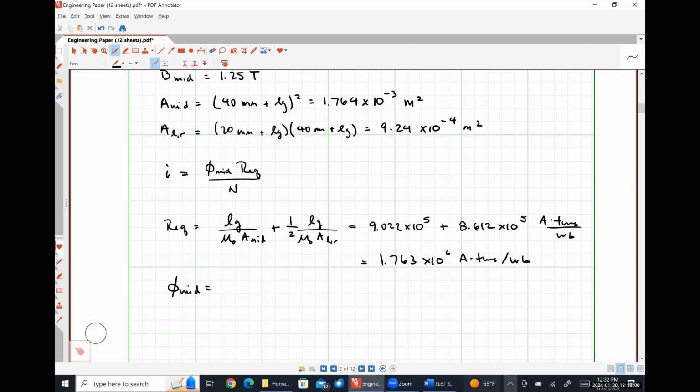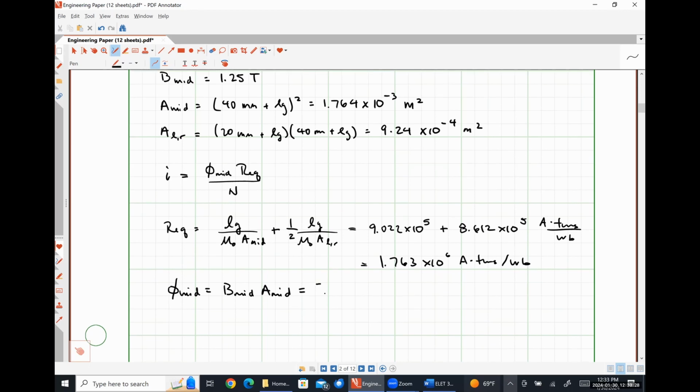Phi mid is going to be B mid times A mid. So that is, let's see, 1.25 Tesla, so Webers per meter squared, times 1.764 times 10 to the minus 3, gives me 2.205 times 10 to the minus 3 Webers.